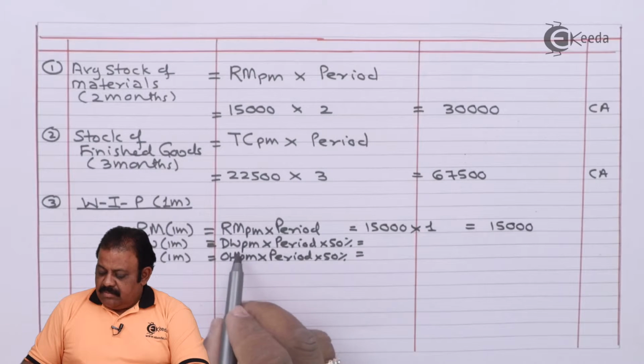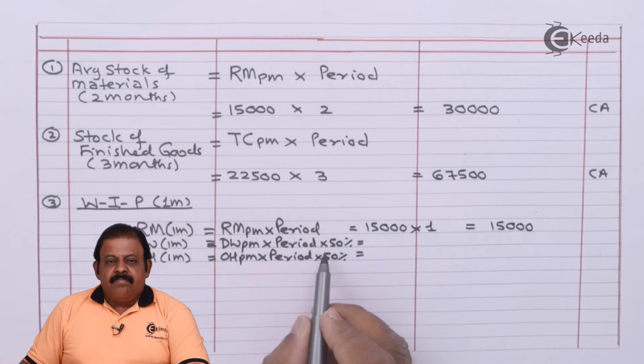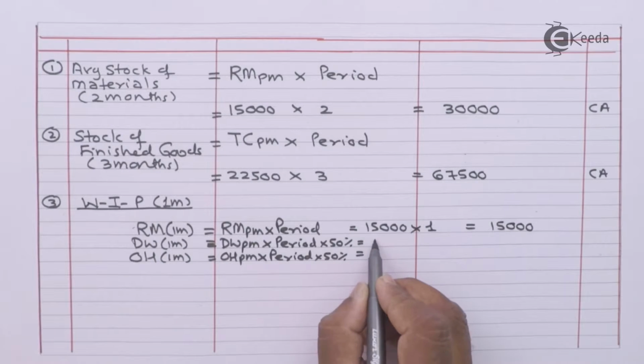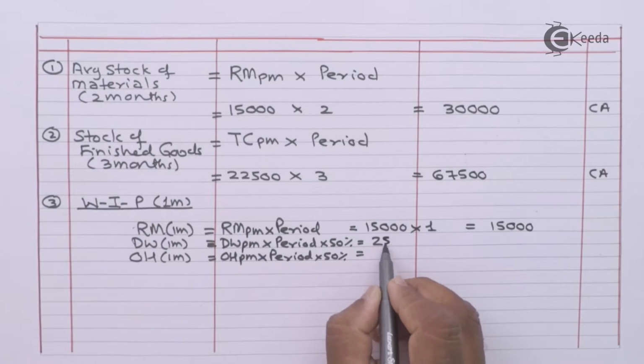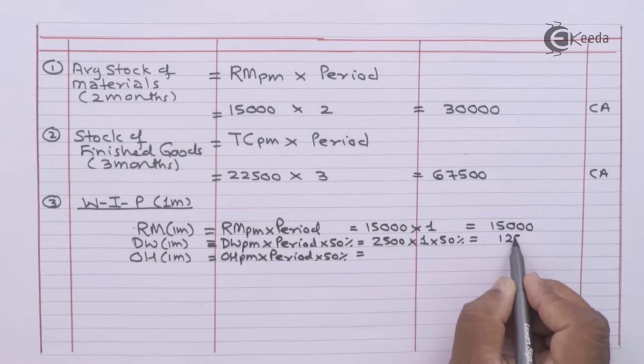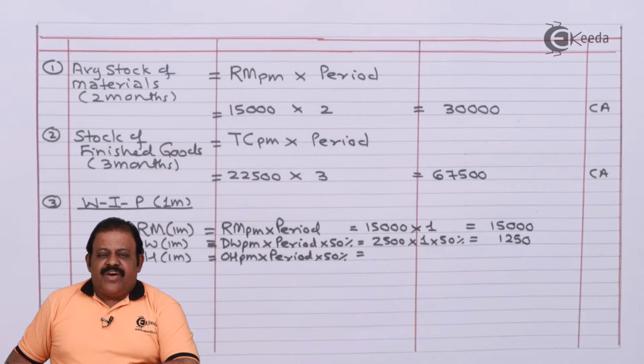Direct wages per month multiplied by period, it will be taken half, multiplied by 50%. So it is 1,250.